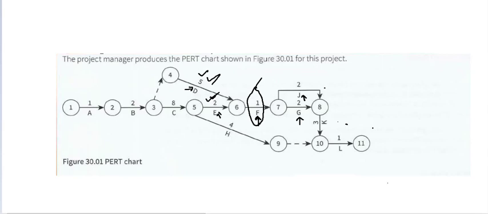And finally activity K, which can take place after both G and J have finished. This is related to training the users, and this is going to take 3 weeks. Once this training has been complete, now the software can go live, which is going to take 1 week.